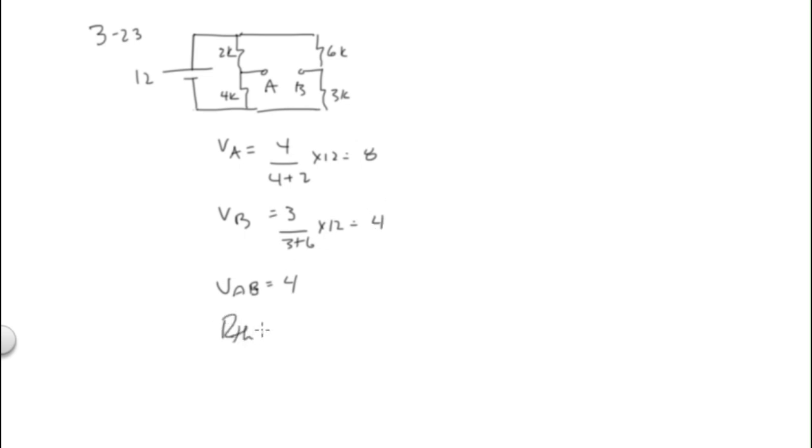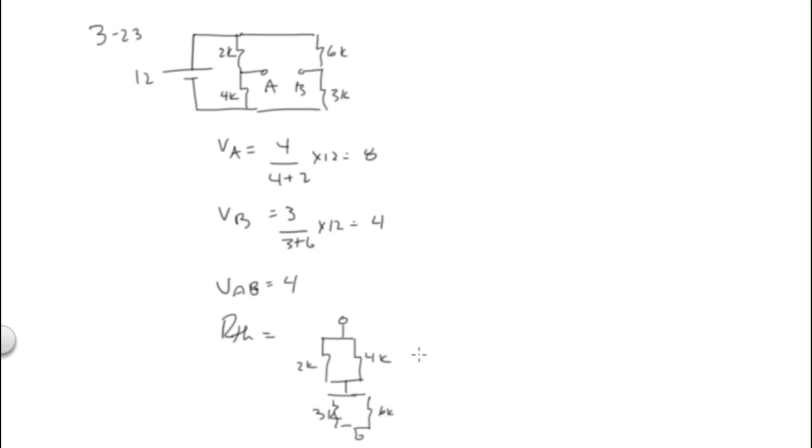That's the hard one. Well, if you draw it like this, it's not so bad. You start at A, and then you walk down, and you've got a 2K and a 4K. And then you go through the voltage supply, and then you come to the other side, and you have a 3K and a 6K. So what is the resistance here?